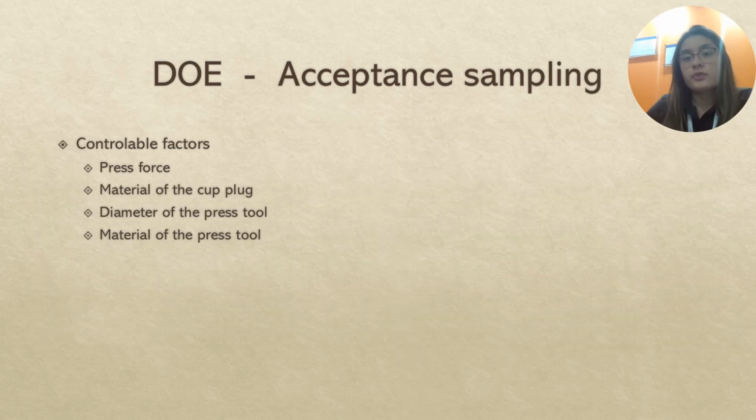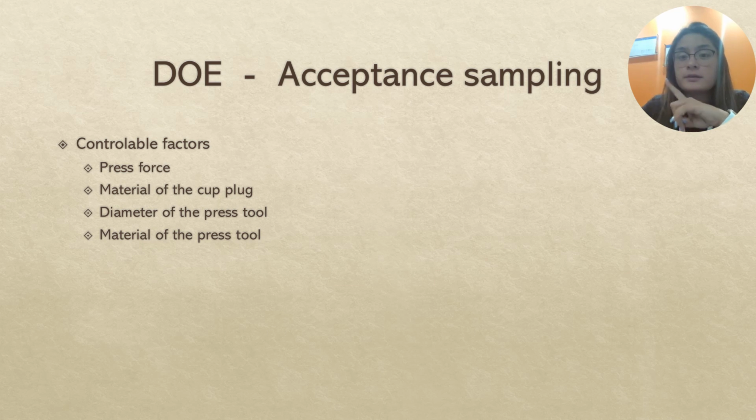One of the tools that I learned in this class is to implement a design of experiments. There are different types, but one of the better ones to use in this case is the Taguchi method. The Taguchi method asks first for the control factors. The control factors that we are going to use for the design of the experiment are four.